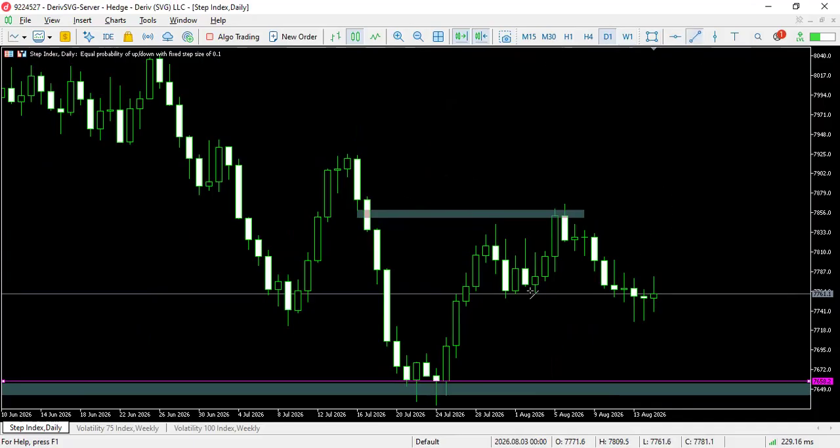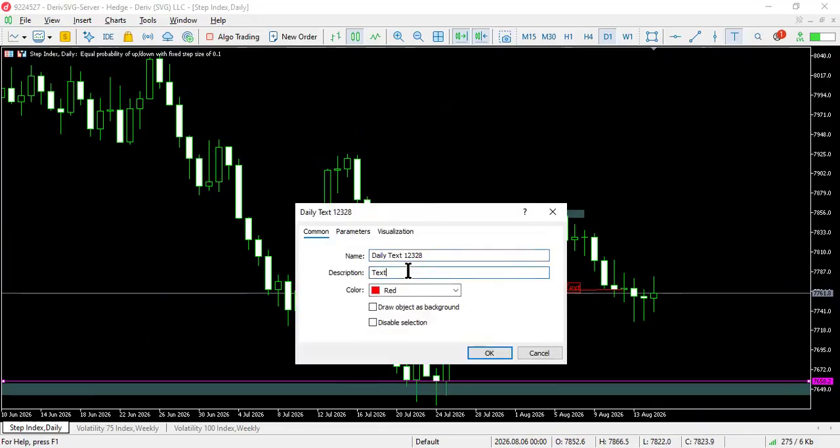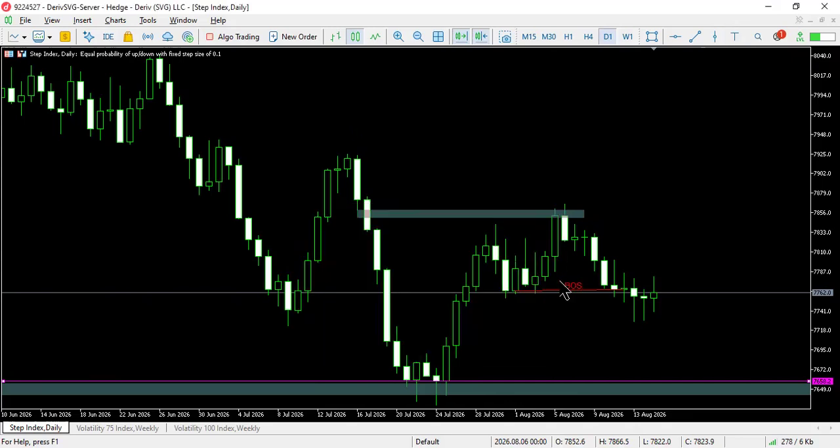Now we have this break of structure which price formed here. So we have a break of structure, and then the order block which caused the break of structure from the daily time frame. It is that order block.